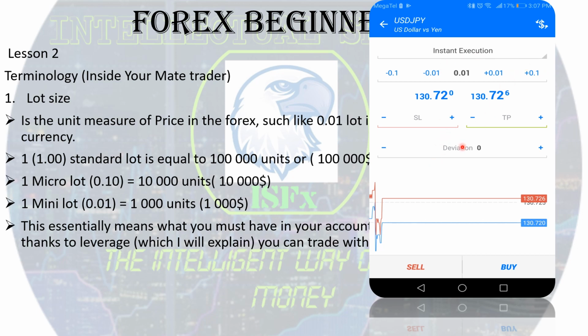That means you are just increasing the units that you are actually buying. And then guys, the more you increase, the more money you can make, or you will actually essentially lose. So the bigger the lot size, the greater the chances of a far greater win or a far greater loss.